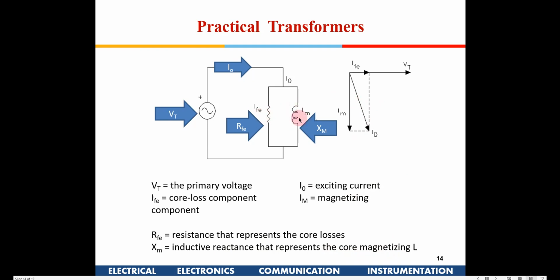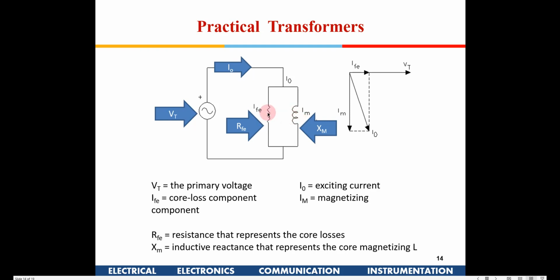Once you apply a voltage, you will find an I0 flowing here, and you will measure this I0. With respect to the applied voltage, you can have a component which is in phase with it and one which is 90 degrees out of phase, and then you can model them out here.